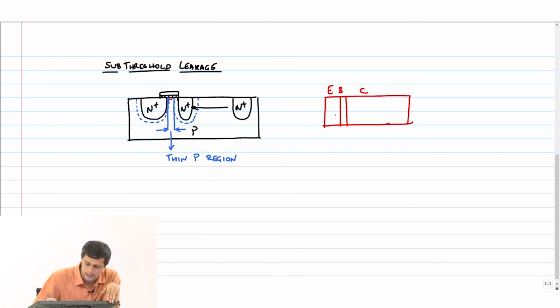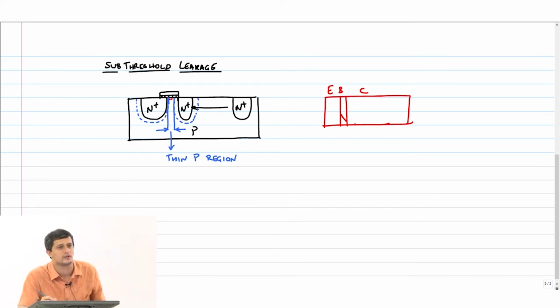So you will have some carriers that are just injected across into the base, and by diffusion, the concentration will drop exponentially. But because the base is very thin, the concentration drop will look like a linear region, and effectively it can go through from the base to the collector as well, right? And that's how you get bipolar junction current, by applying potentials.